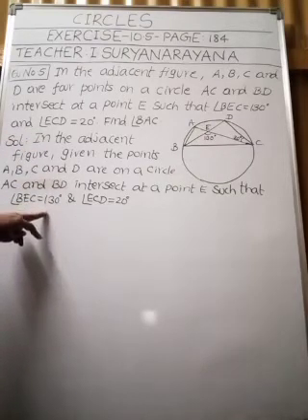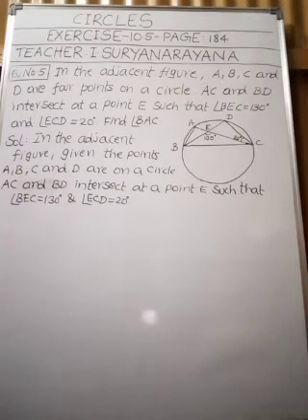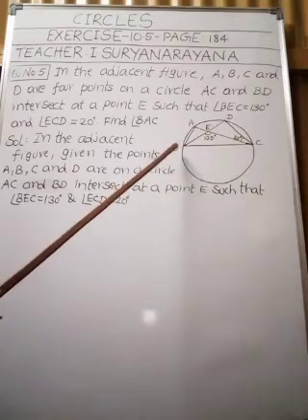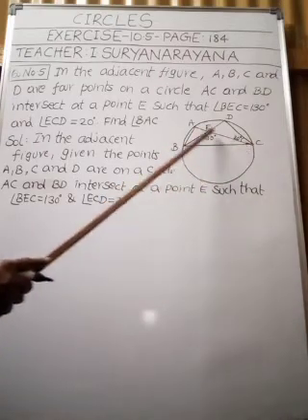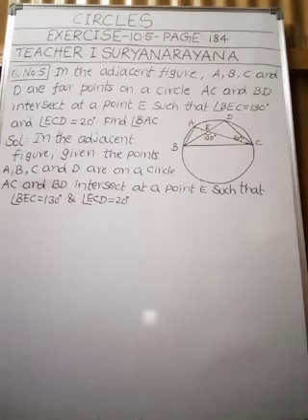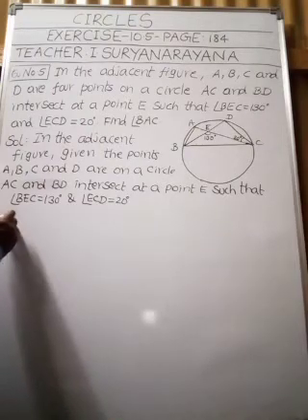Just I wrote the given data in these 4 lines. Okay, my children, understood this? If you observe angle BEC and angle CED, these two angles form a linear pair. Yes or no, my children?